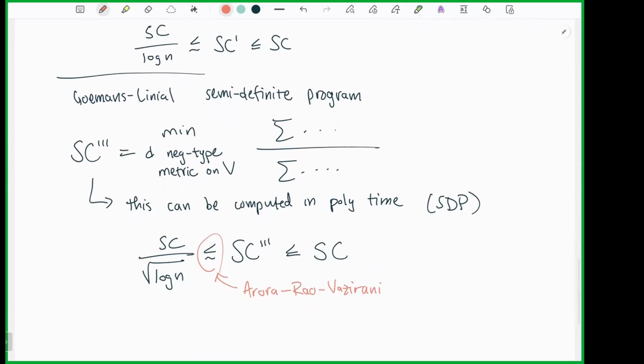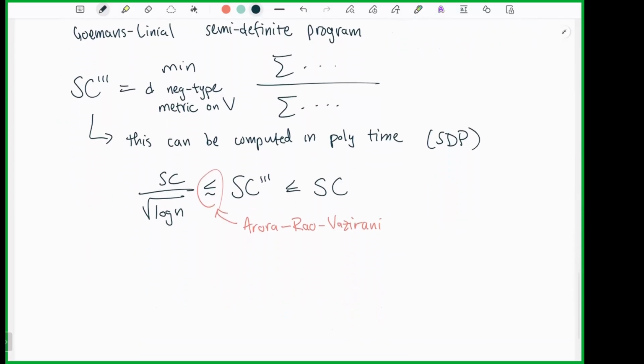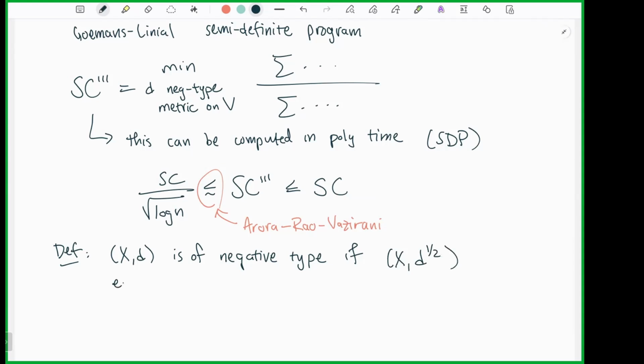So let me define that now. This is one class of metrics that we study. X, d is of negative type if the snowflake of this metric, so d to the 1/2, embeds isometrically into L2.